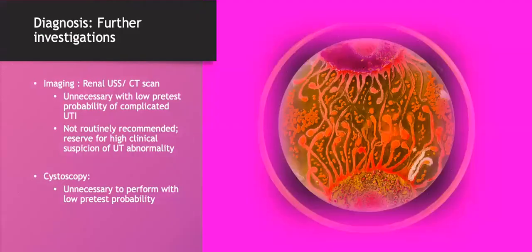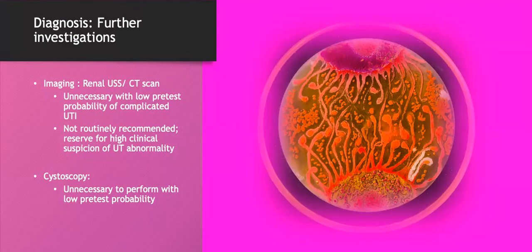And then further investigations that can also be done include imaging, which would include a renal ultrasound scan or a CT scan. This test is unnecessary if there's a low pretest probability that the patient actually has a complicated UTI, and we tend to overuse it even when there's no actual suspicion that the patient has any anatomical abnormality.